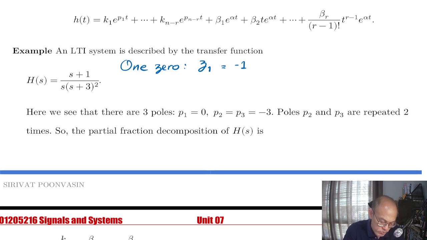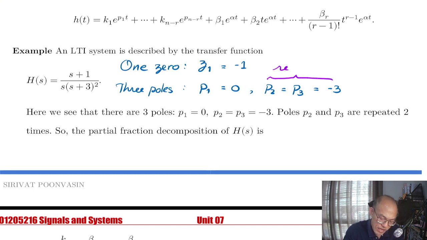And there are 3 poles. The first pole is at 0, and the second and third are at minus 3. So 3 poles. Now you see that these 2 poles are repeated. How many times are they repeated? 2 times. The pole at minus 3 is repeated 2 times.